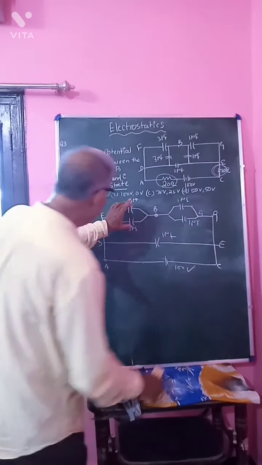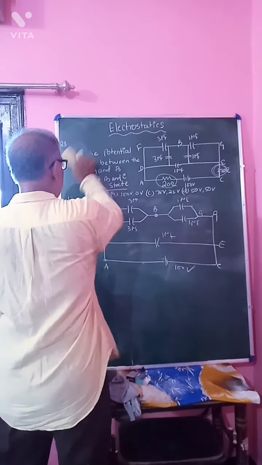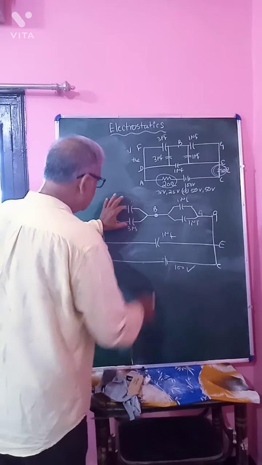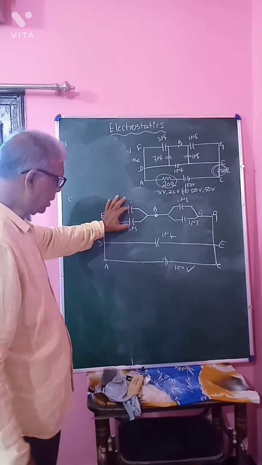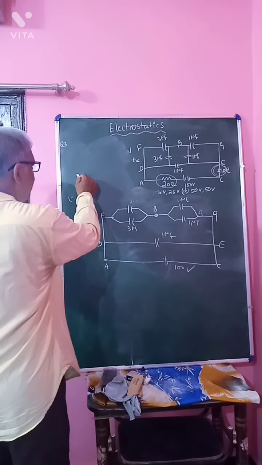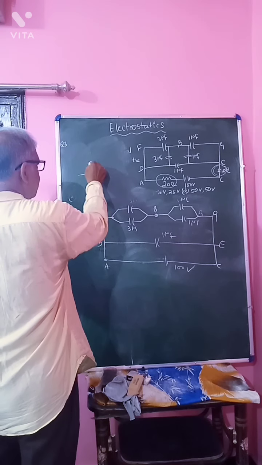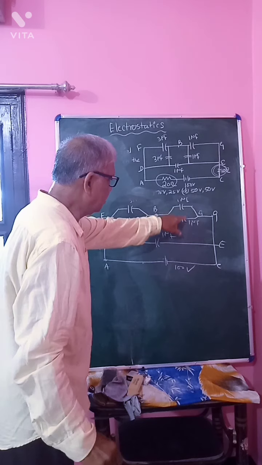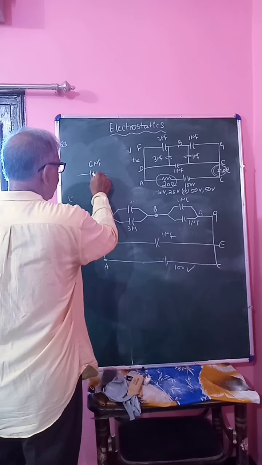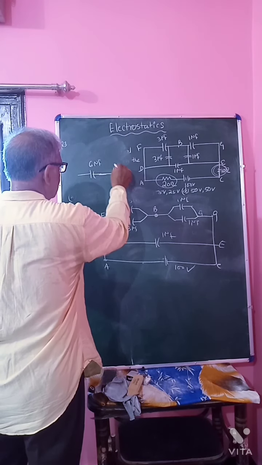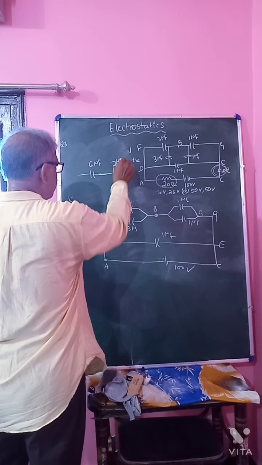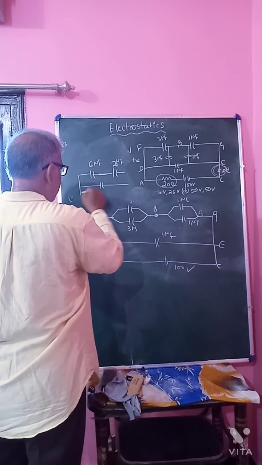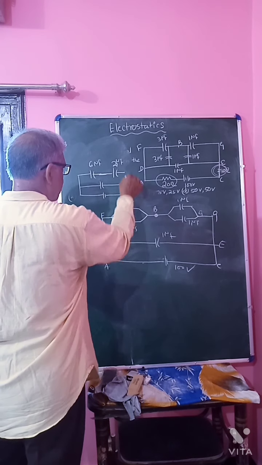Now the effective capacitance of the 3 microfarad parallel capacitors is 6 microfarad. This is 6 microfarad, and the 1 microfarad ones give 2 microfarad. So here this is 2 microfarad, and this is 6 microfarad, across 100 volt.